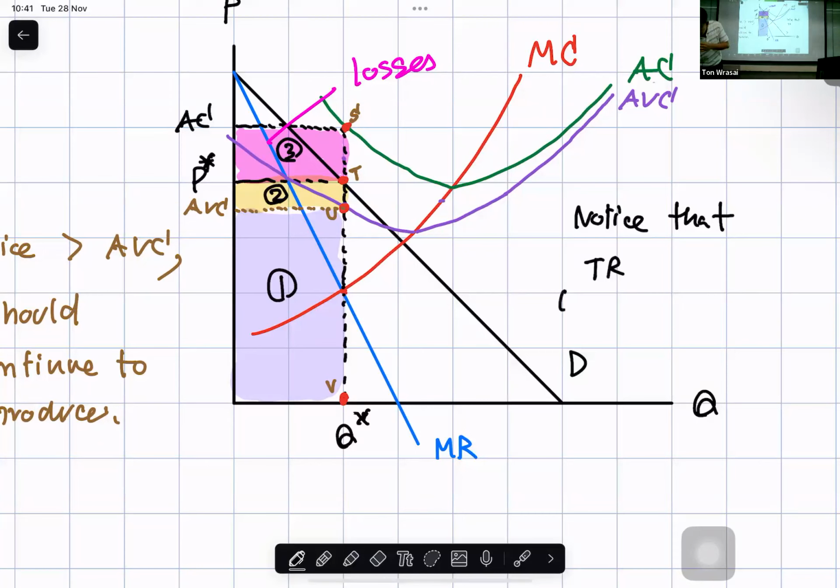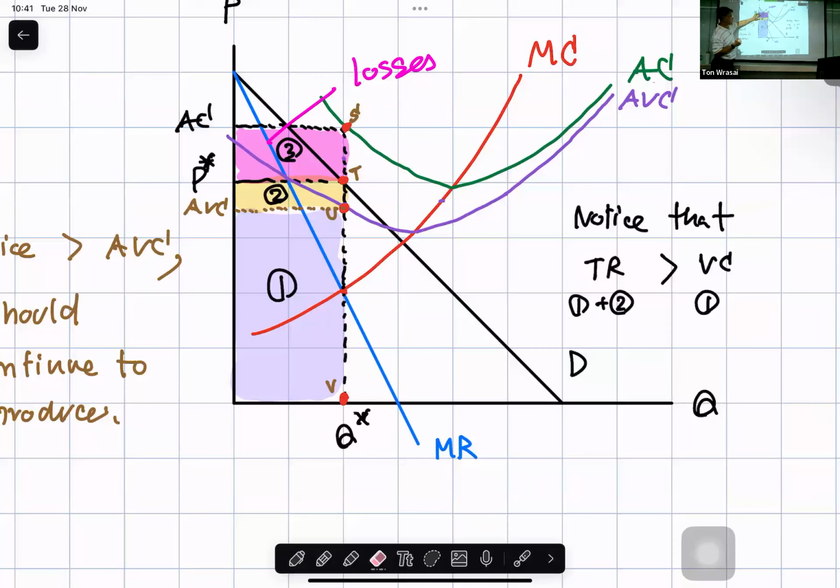TR, area 1 plus area 2, is greater than the variable cost area. VC is only area 1. So the monopolist generates enough revenue to pay all variable costs, and he also has leftover money, which is area 2, to pay some part of fixed cost.